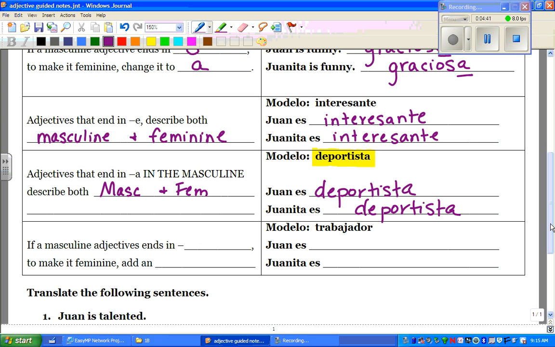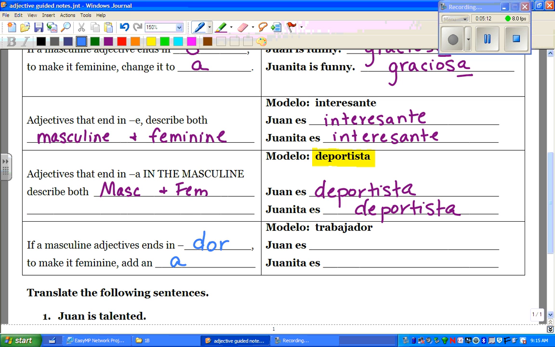And then the last rule that you need to know, and we need to know these well: if an adjective ends in D-O-R, this is a big change, especially when we learn the plurals. If it ends in a D-O-R, what do you do to make it feminine? You add an A. Okay? So the word trabajador. ¿Qué significa trabajador?